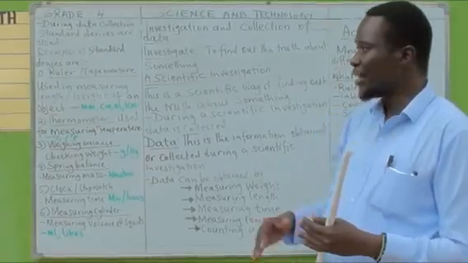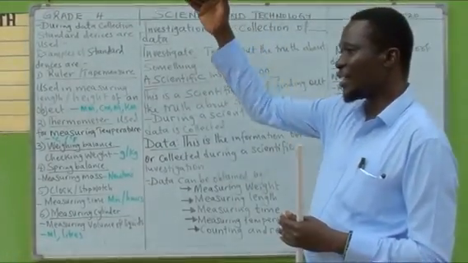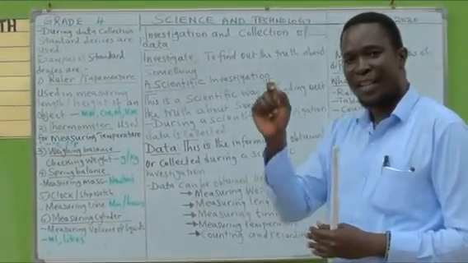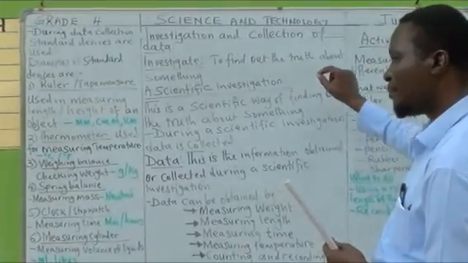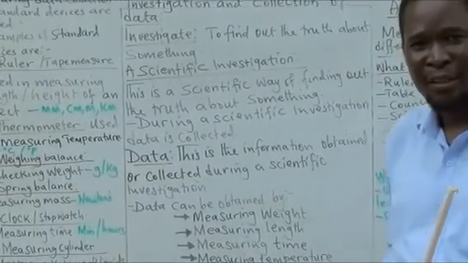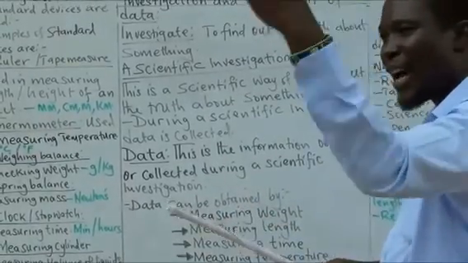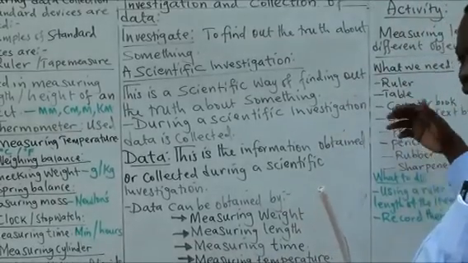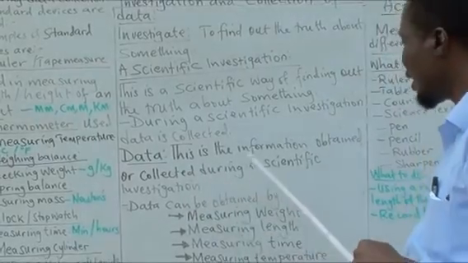If there is Amos, you measure his temperature and write it there. If there is David, you write his name and then his temperature in your chart. If there is James or Abdallah, you take their temperature and note it down in your chart. This is what is called data.